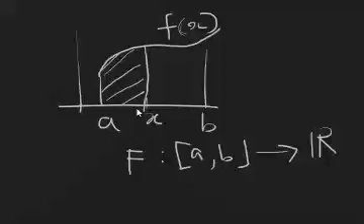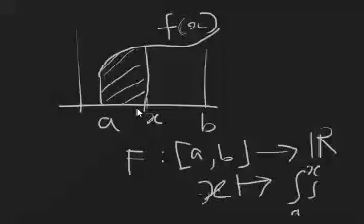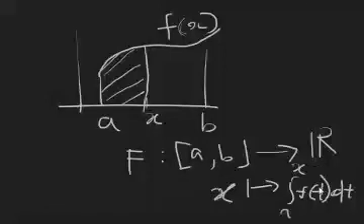Now this x maps to the integral from a to x of f of t dt. Let's write that, f of x and f of t are both the same, right? So this is our function. This independent variable should be t, right?